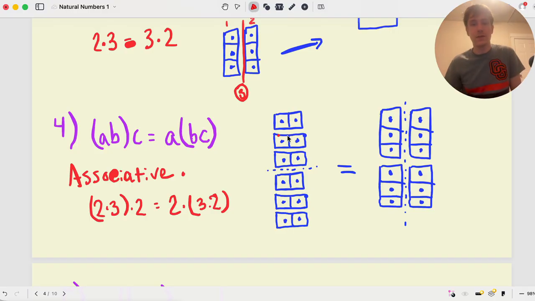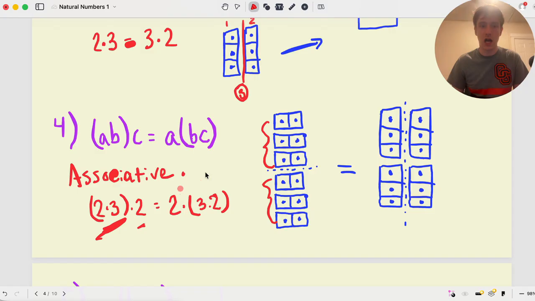Okay, so in this first picture of dots, I have 3 copies of 2. Right, that's what this means. I have 3 copies, 1, 2, 3 of 2, and then I have 2 copies of this overall structure. So that's what this 2 means. I have 2 copies of 3 copies of 2.